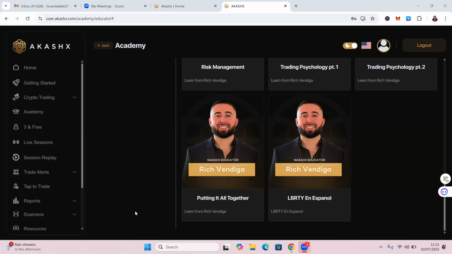You will know why you're waiting. Sometimes you may not be patient with the scanner because you don't know why the scanner is not calling; the scanner is waiting. If you understand why the scanner is not calling, it's going to help you build the patience that is required. Like Chema will always give us the 4P: the process, the patience, the practice, and the profit. Those four pillars are very, very important.